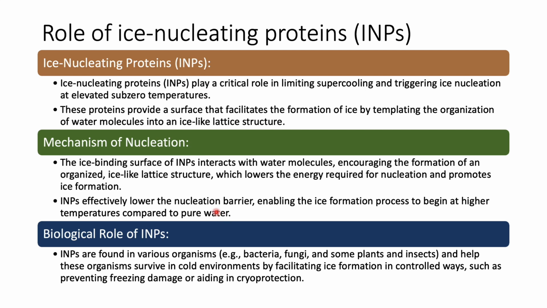So this actually happens in the extracellular regions. What is the biological role of INP? INPs are found in various organisms and help these organisms survive in cold environments by facilitating ice formation in a controlled way, such as preventing freezing damage or aiding in cryoprotection.